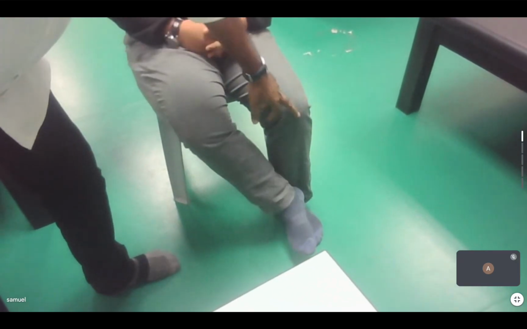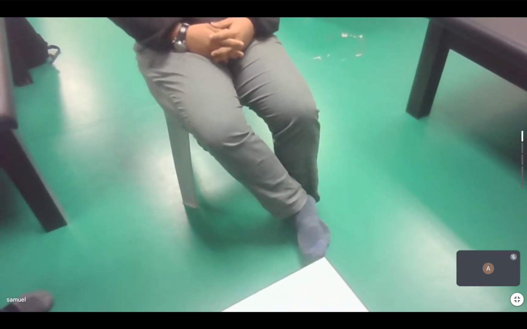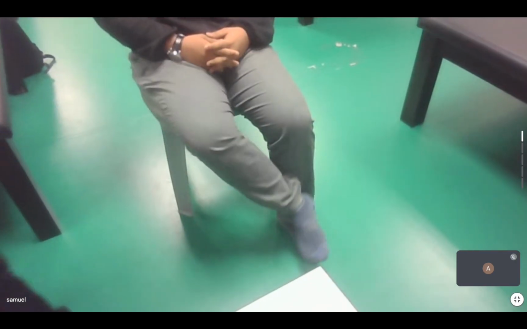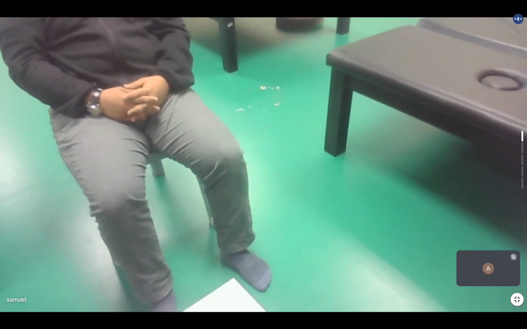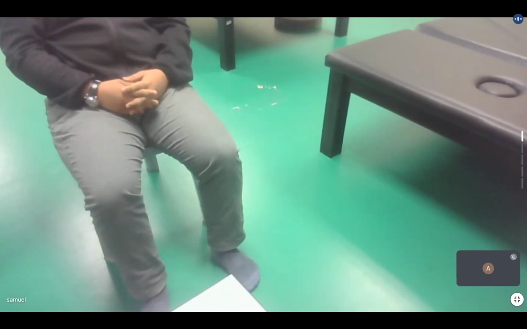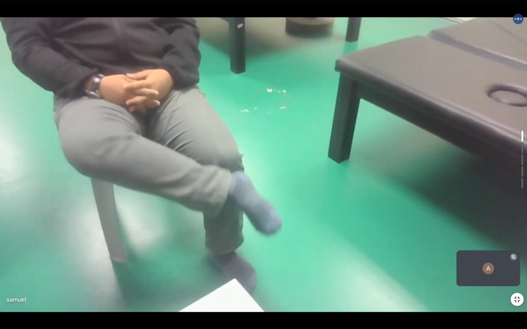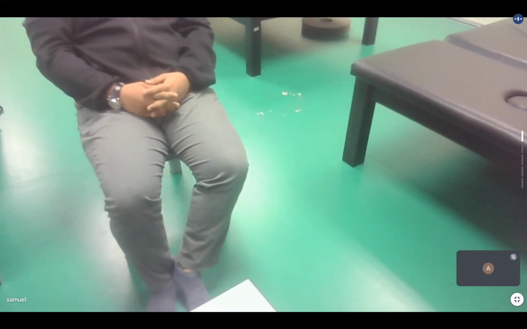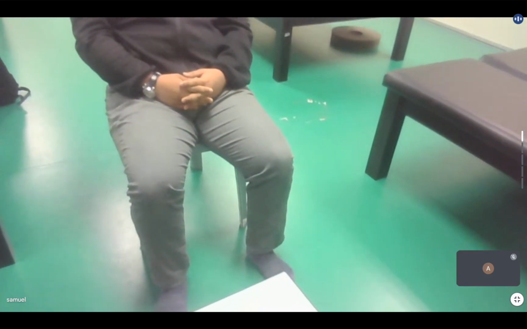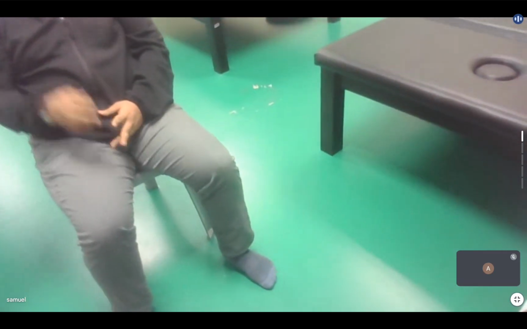Touch your knee. Alternate heel to knee to shin. Heel to knee, alternating. Yeah, the other one. Change. Heel to knee. Heel to knee. Heel to knee, alternating. Okay, that we can do.